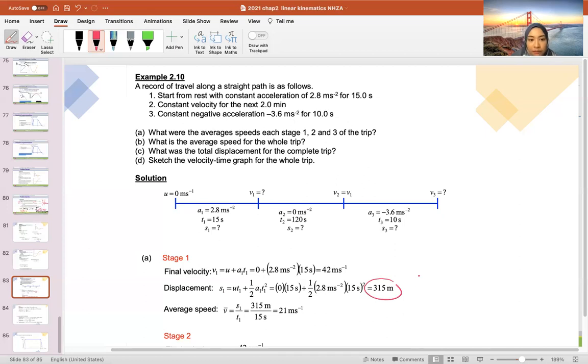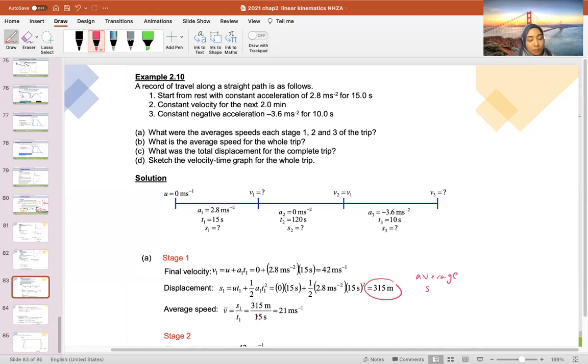So to find the average speed, we have to know what is the displacement and then we divide it over time. Ataupun kita tambah 0 tambah V1 divided by 2. It will give you a roughly same answer, but the most accurate equation to use will be using displacement over time.